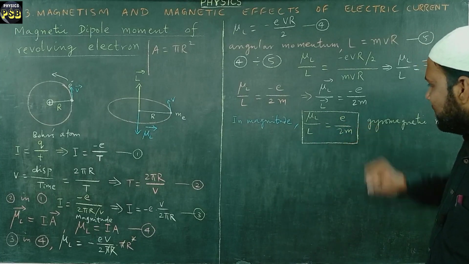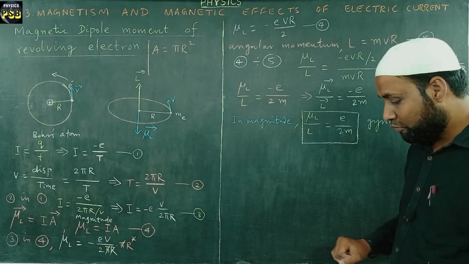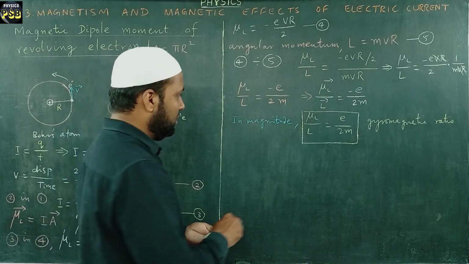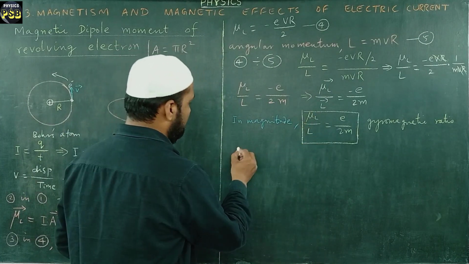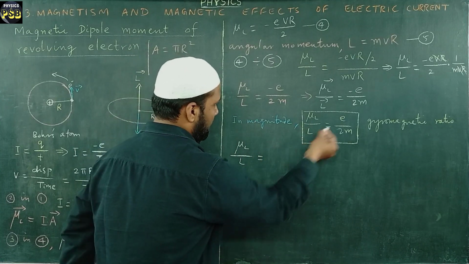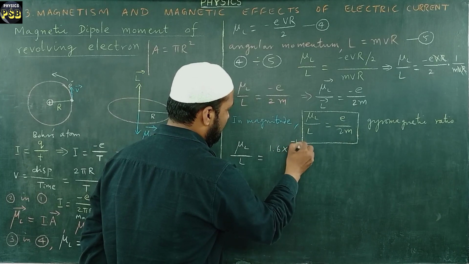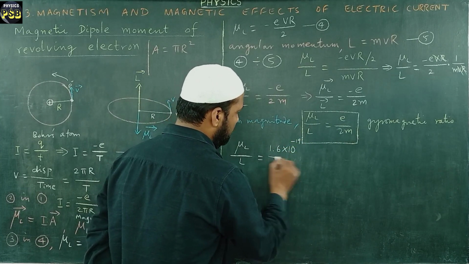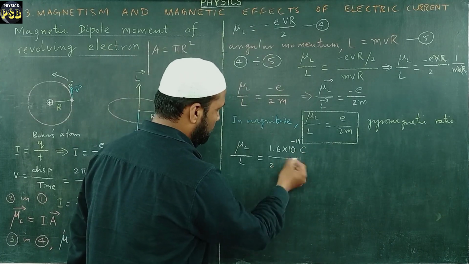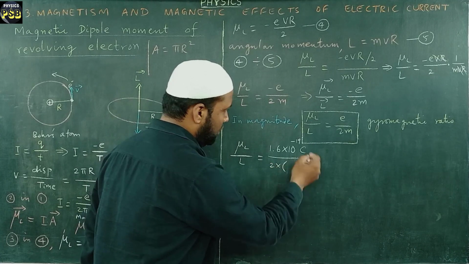Okay. And what is e here? e is the charge of the electron and m is the mass of the electron. We know the values of these two. Let me substitute and give the value of the gyromagnetic ratio, μ_L upon L. The charge of the electron is 1.6 × 10^-19 coulomb, divided by 2 multiplied with the mass of the electron.